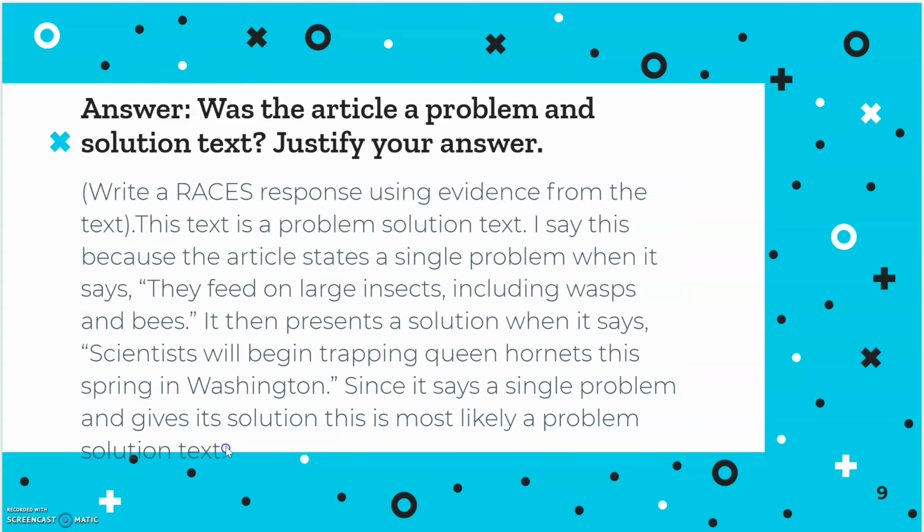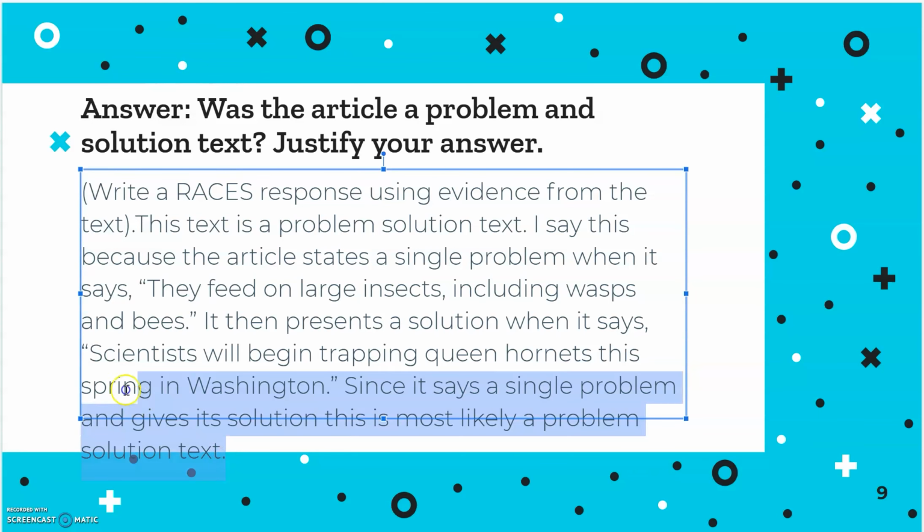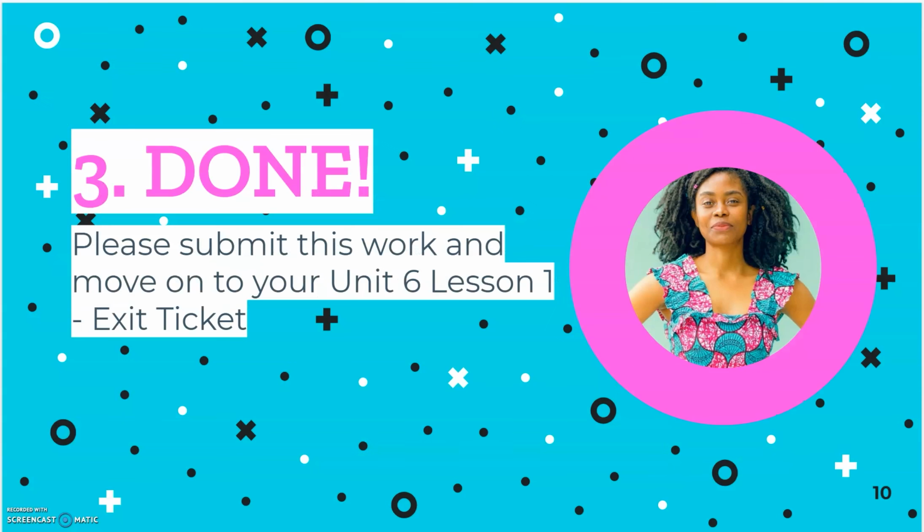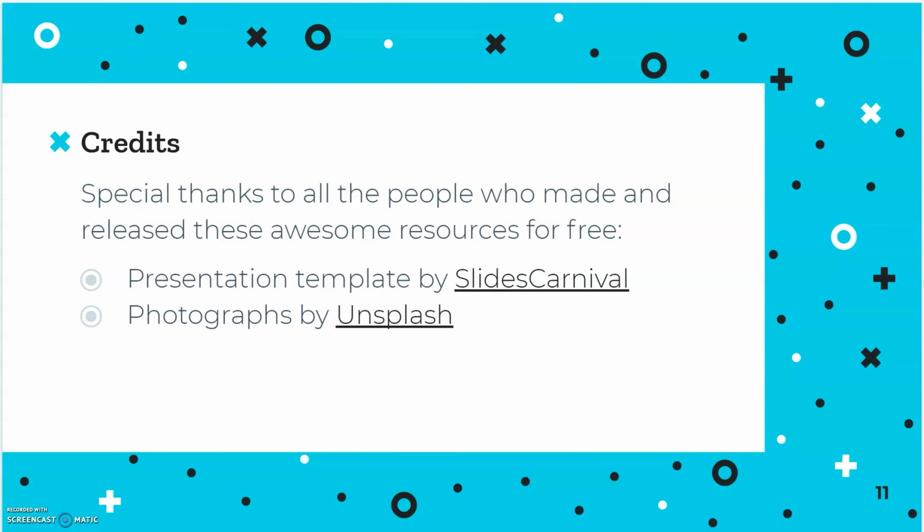And that's sort of my summary. So I already explained the evidence, right? And that is your entire writing for this piece. So now you're done, and you're going to submit the lesson. Alright, good luck. Go enjoy.